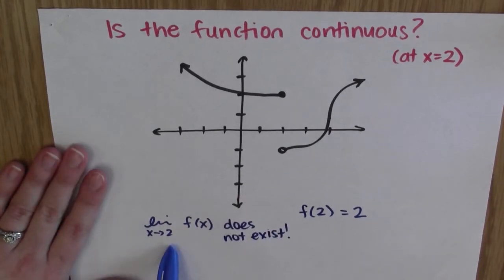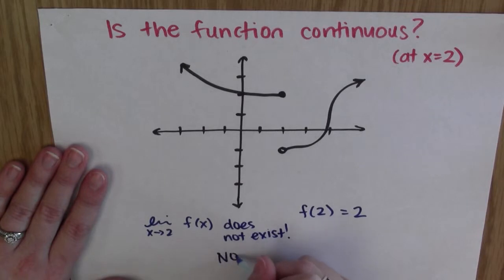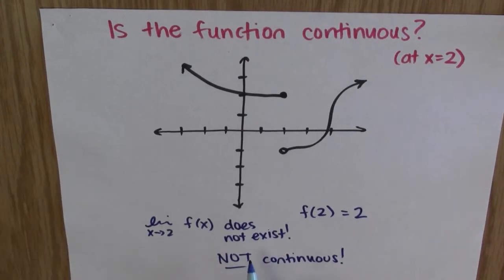And if the limit does not exist, then it certainly can't be equal to 2. So this function is not continuous. Because the limit does not exist, the limit is not equal to 2, and so by the definition of continuity, the function is not continuous at x equals 2.